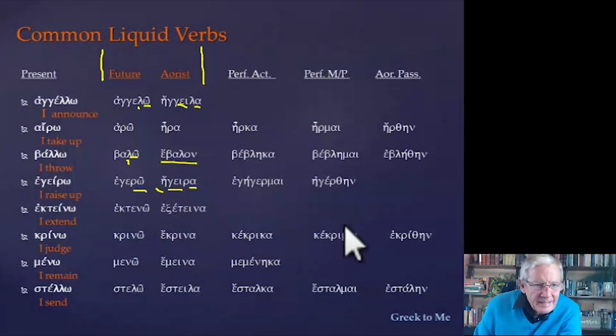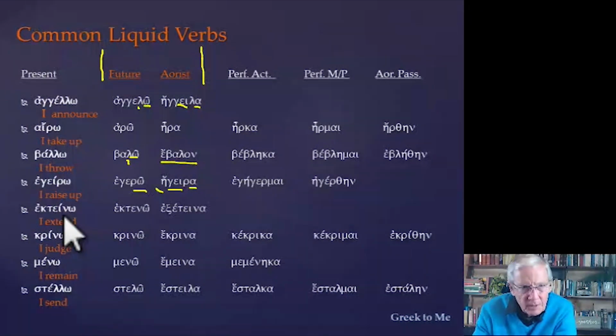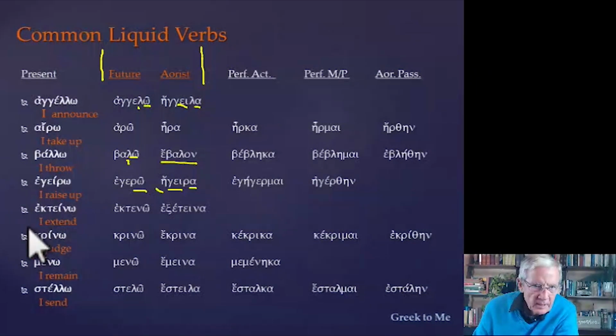Now the verb ekteno really is a compound verb from ek plus teno. And I'll come back to that in just a minute. Take a look and see what happens in the future. Ekteno. Here we are missing an iota, and then we see the omega with the circumflex accent. So that's a future.